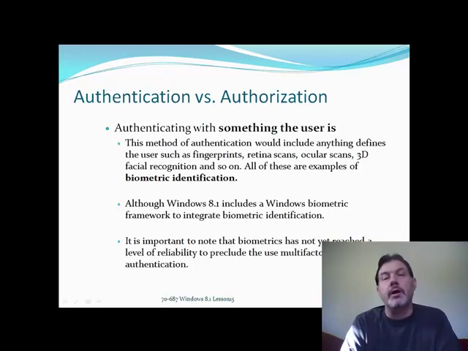However, it's important to note that, at least up until now, biometric identification is really not reliable enough to be the single method of identification or authentication to a system. Therefore, if you're going to be using biometrics as a method of authenticating to a resource, it's probably a good idea to use multi-factor authentication.